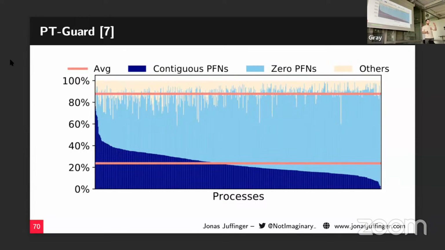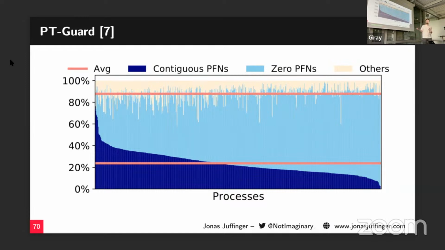So if one page table entry is corrupted by RowHammer, we just look at the page table entry before and after and just try the page frame number in between. And there's a really high chance, around 25%, that this is the correct page frame number and the data is corrected. We always use the MAC to check if this was actually the correct data.